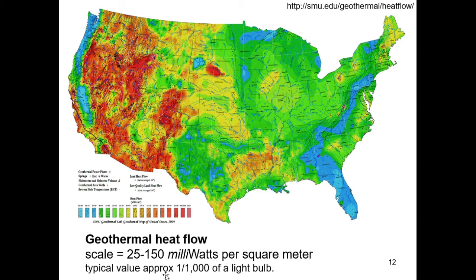Here we're talking about fractions of a light bulb, thousandths of a light bulb amount of energy coming through to the surface. So the amounts of energy that you would feel coming through from the interior of the Earth are much, much lower than the amount of energy coming through from solar radiation.